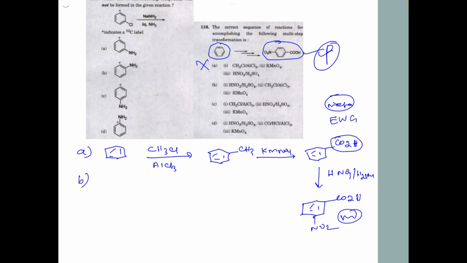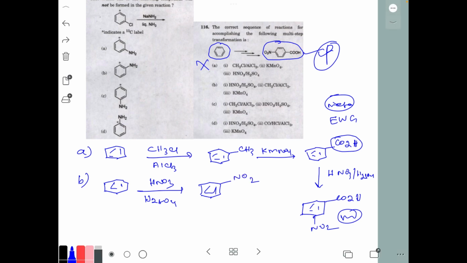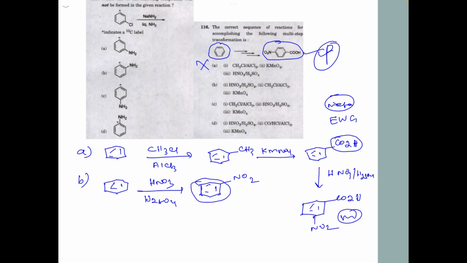Now we will go through option B. First, nitration reaction in presence of HNO3 and H2SO4, we will have the corresponding nitro compound. Actually, this benzene ring is deactivated by NO2, so electron density is less because NO2 is an electron withdrawing group.